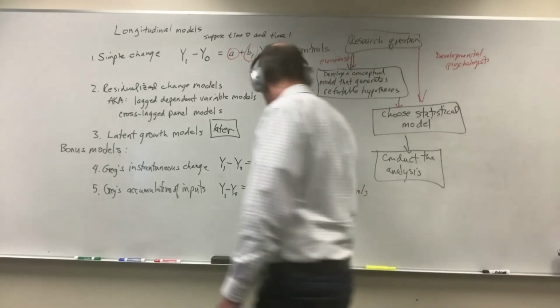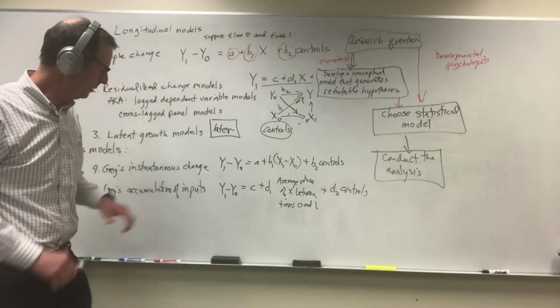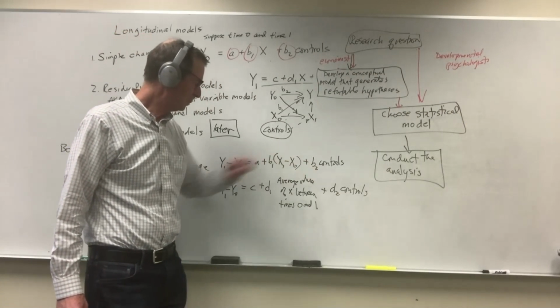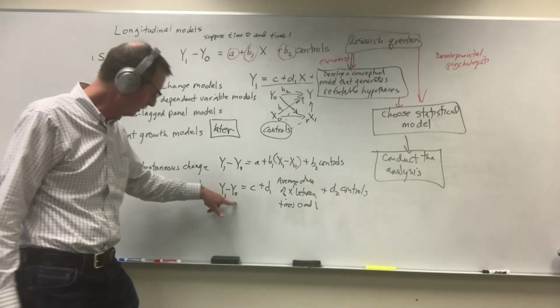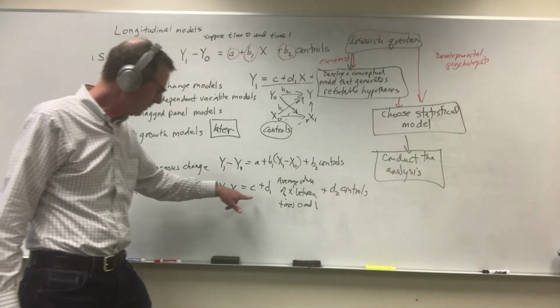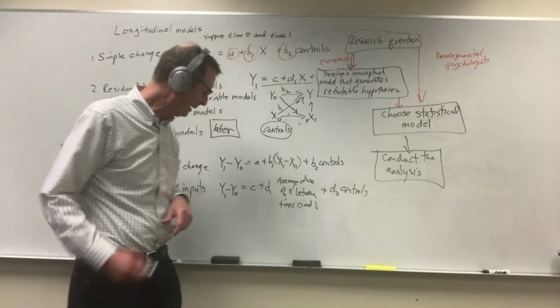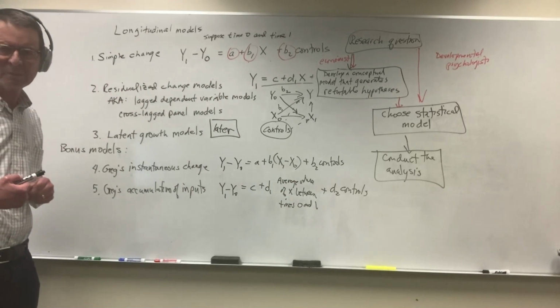Instantaneous change, we're very specific in saying Y1 minus Y0 is a function of change in X plus controls. And then in the accumulation of inputs model, again, it's simple change, but now we've got not change in X, not initial value of X, but the average amount of X between times 0 and 1.